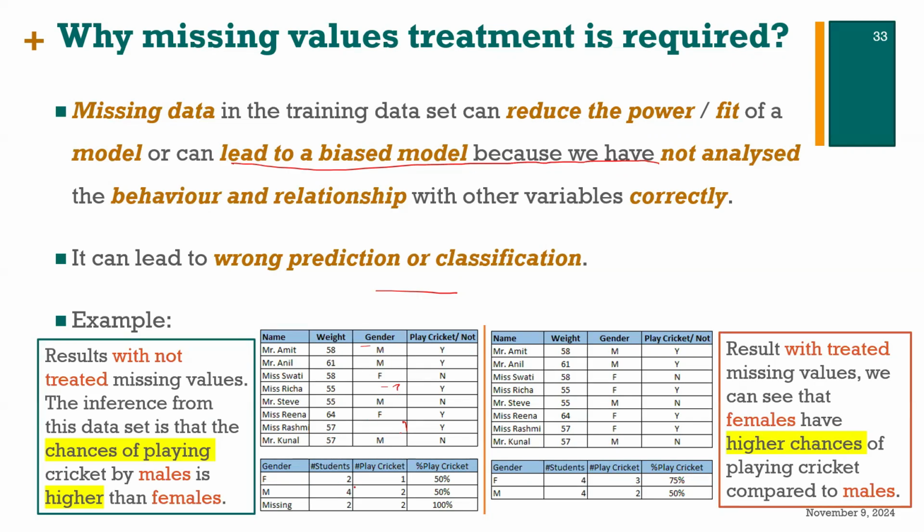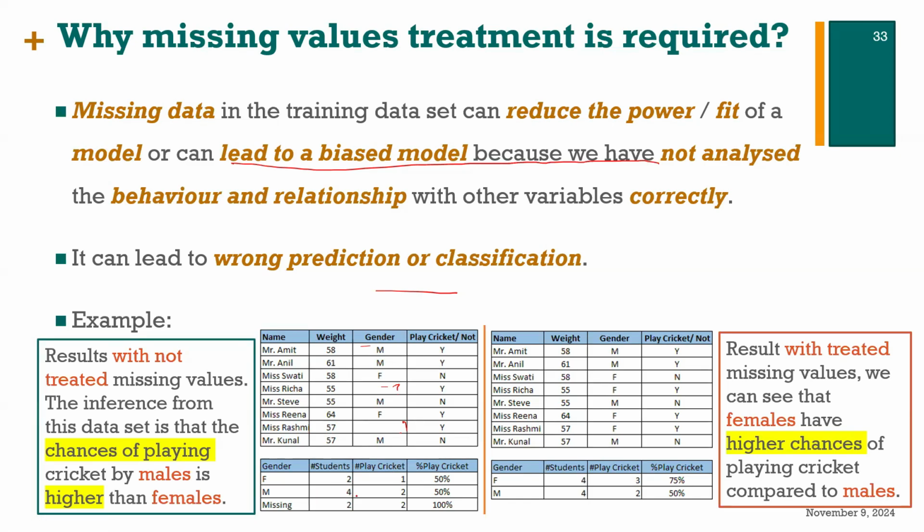We have 4. But how many of those females play cricket? Only one plays cricket. That is 1 out of 2, that is 50%. So male, we have 4 males. How many of them play cricket? Out of those 4 males, 2 of them play cricket.